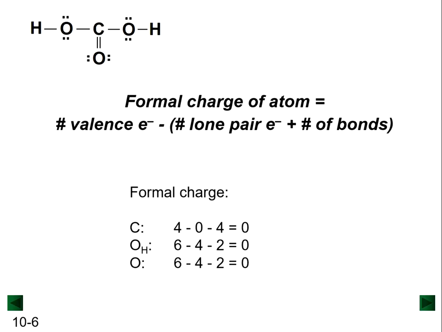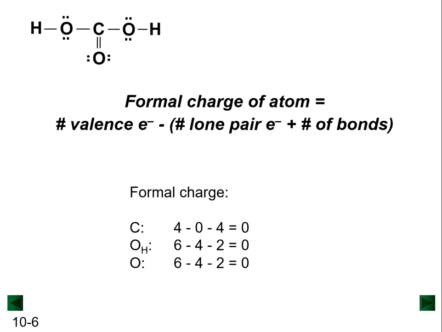For carbon, we have 4 valence electrons in the free atom. There are no lone pairs on the carbon in this system, but there are 4 bonds to it, 2 single bonds and 1 double bond. So carbon has a formal charge of 0.